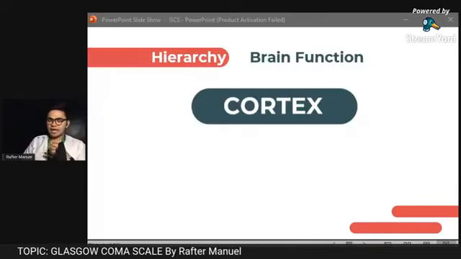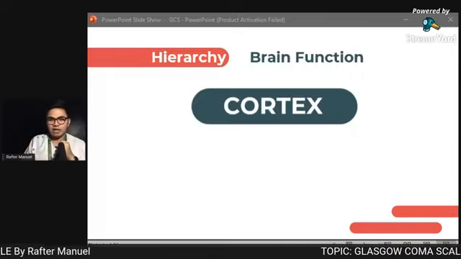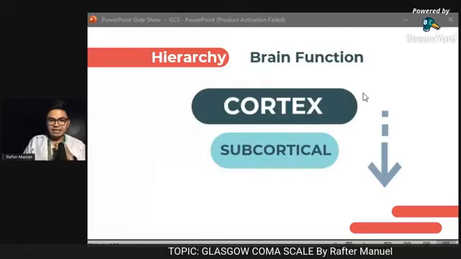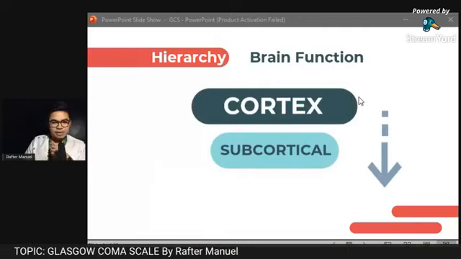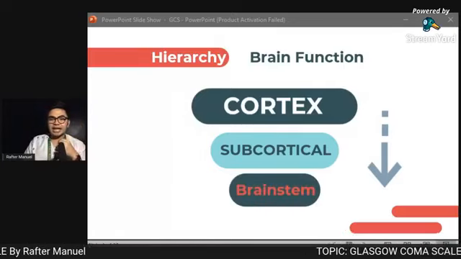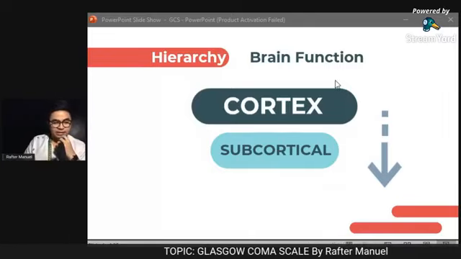So now, as we go below this high-level processing, we have what we call the subcortical. This is the mid-level, more primitive brain that isn't part of the very high-level functioning cortex processing.